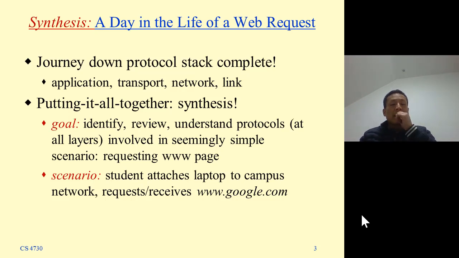The goal is to review what we have studied, all the protocols involved, and the scenario we are using is very simple. You bring a laptop, you connect it to the campus network, and you open the web page google.com and you do a search.